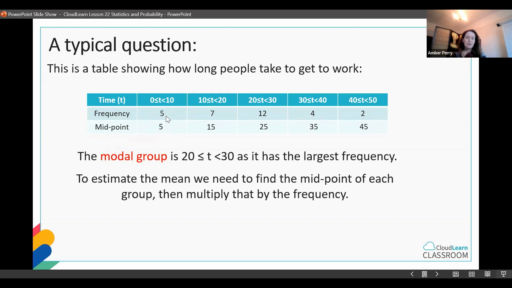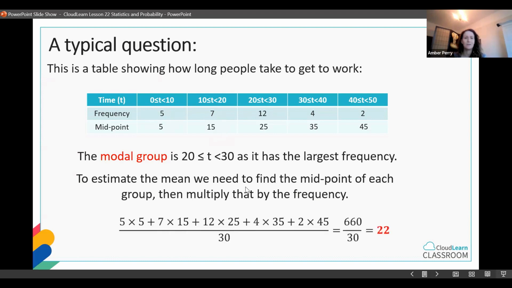So 5 people take 5 minutes, 7 people take 15 minutes, 12 people take 25 minutes, and so on. Now we calculate the mean in the same way that we did with the last table. So it's 5 times 5, plus 7 times 15, and so on. So just do that calculation.